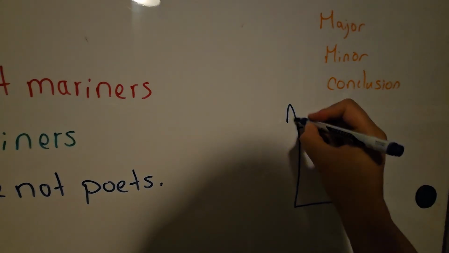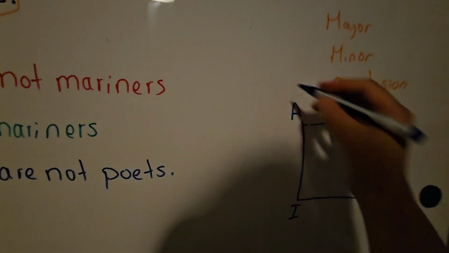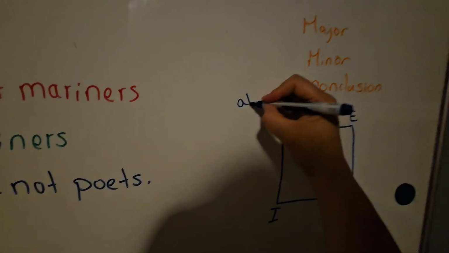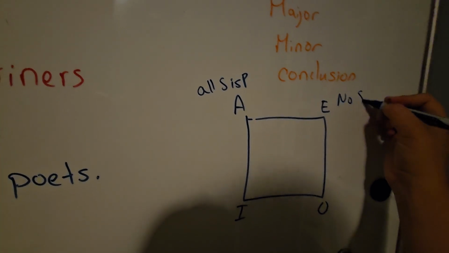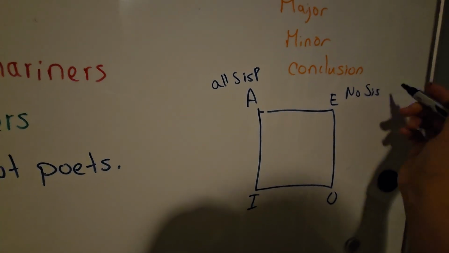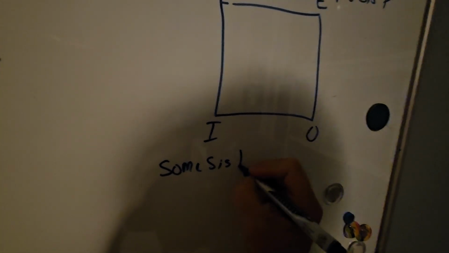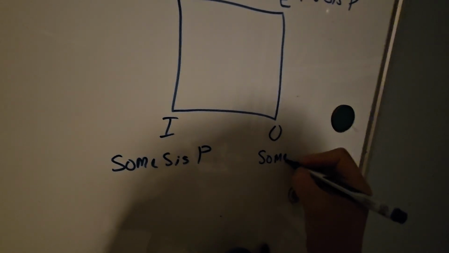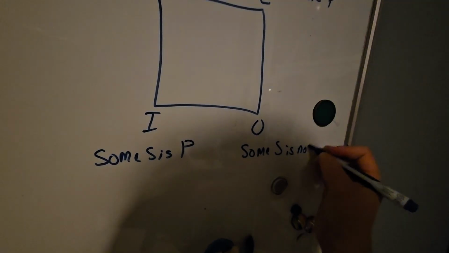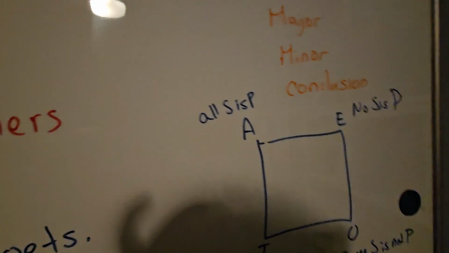You have A, E, I, O. A is all S is P, E is no S is P, and then I is some S is P, and O is some S is not P. That should be familiar to him because we knew that pretty well before y'all left.